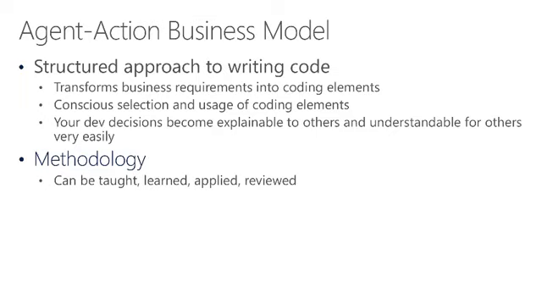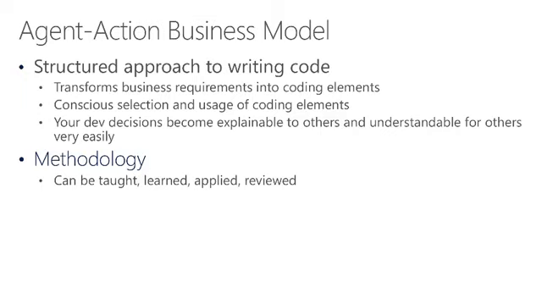And so if you have a way to implement a business requirement in a certain pattern of coding elements, the way that you pick those things apart becomes a way of approaching a technical design in itself.